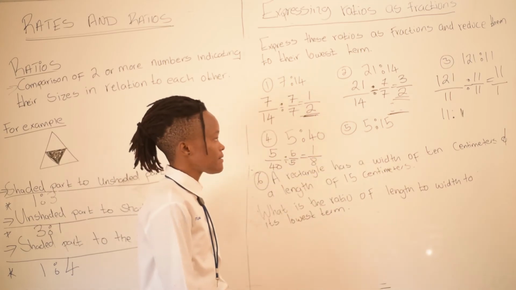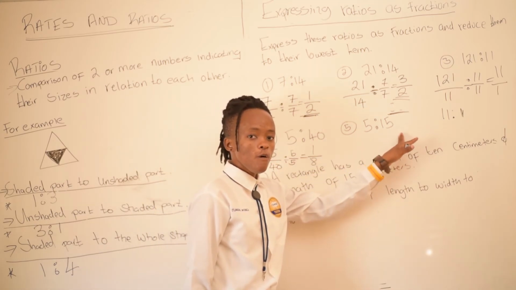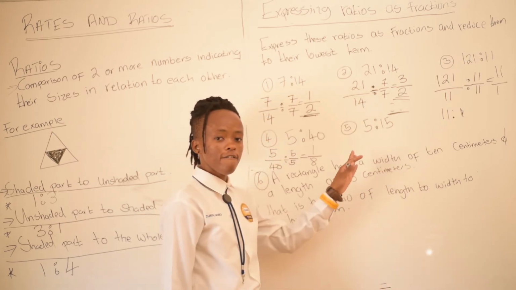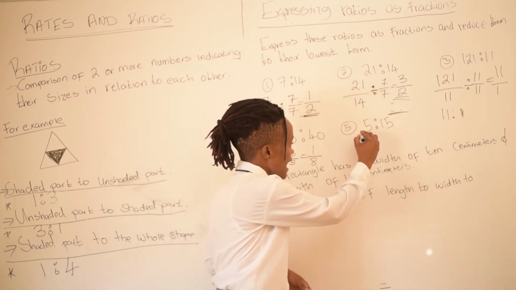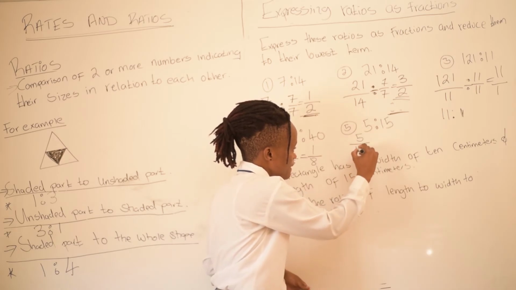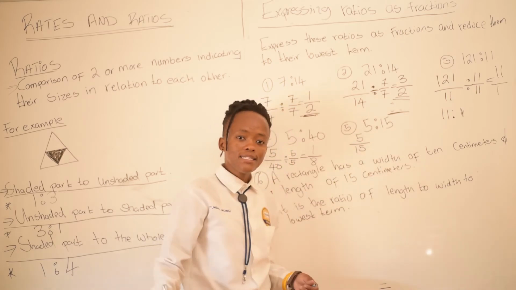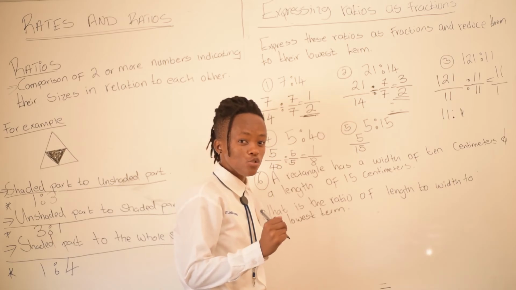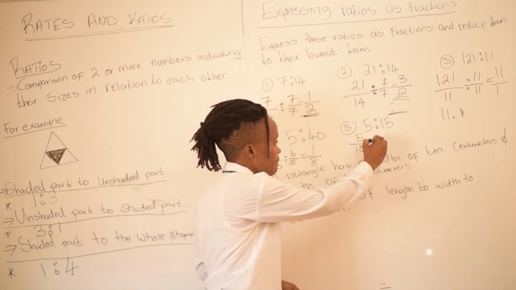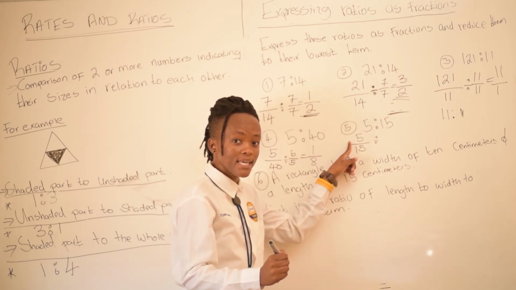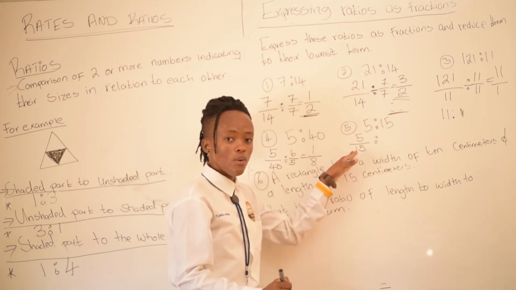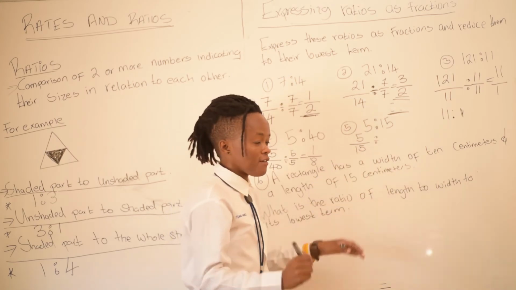The fifth one is 5 is to 15. Let's convert this to a fraction. It becomes 5 over 15. The next step, what do? We reduce it. We find a number that can get into 5 and at the same time get into 15. What's that number? 5.